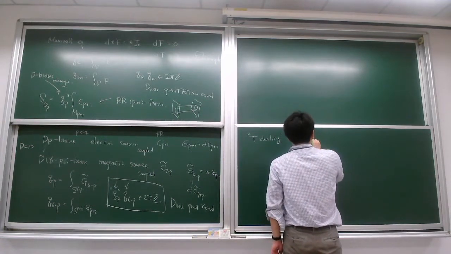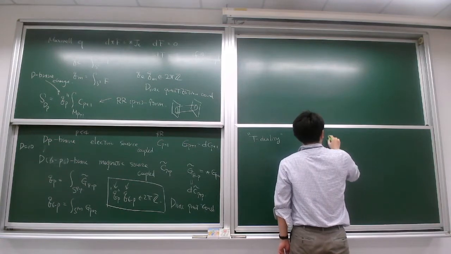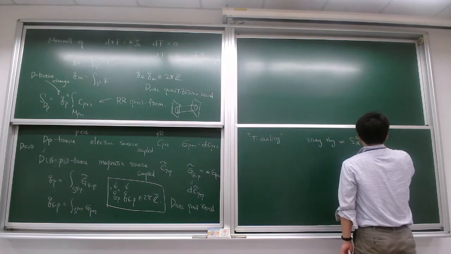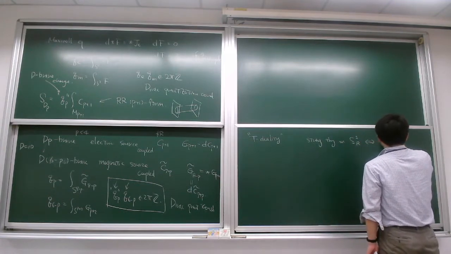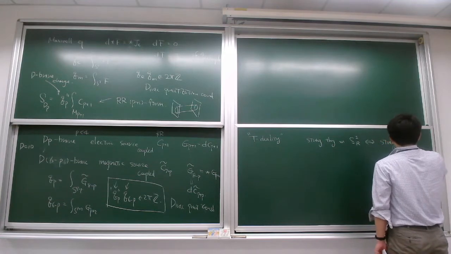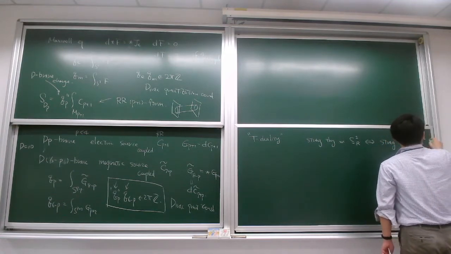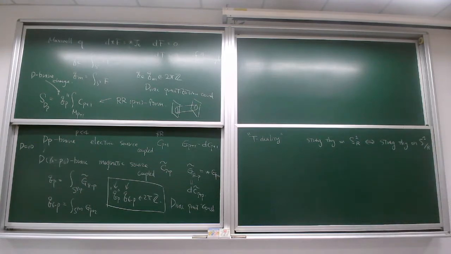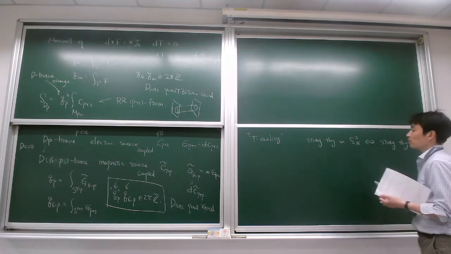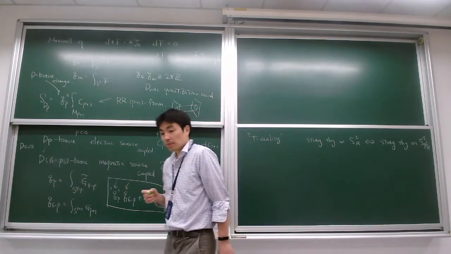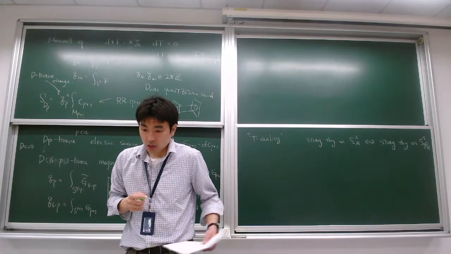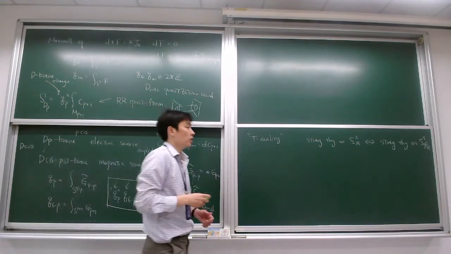Essentially, string theory on S^1 with radius R is the same as another string theory on S^1 with radius 1 over R. More precisely, you have to include the alpha prime correction, so the radius is alpha prime over R. That's called T-duality.